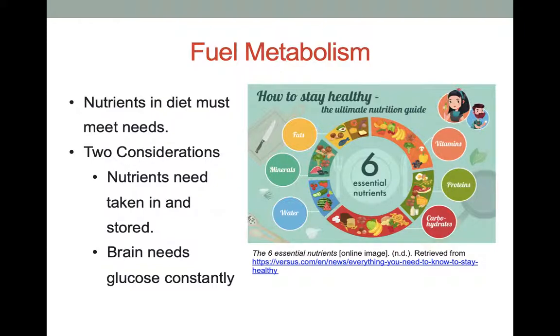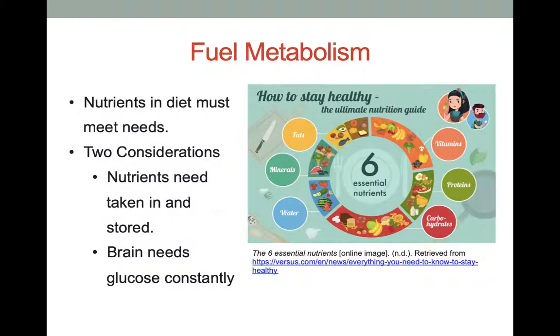When we're looking at fuel metabolism, there are two considerations. Number one, the nutrients from the meals must be taken in and stored and then released between meals. We're not constantly eating, so we have to have a mechanism in place that allows us to still provide energy between meals.